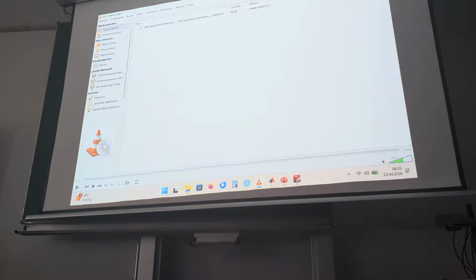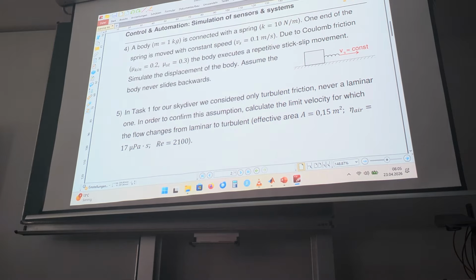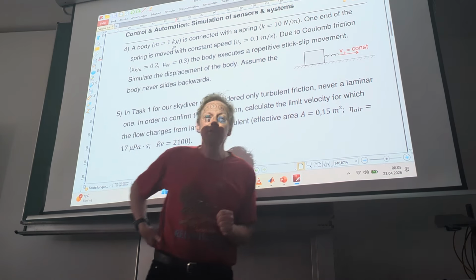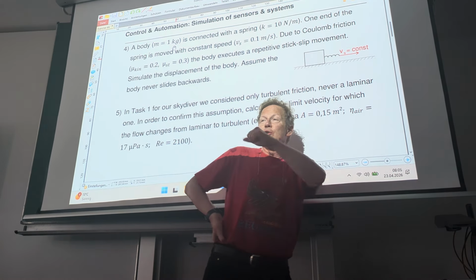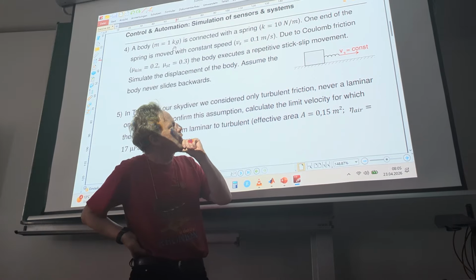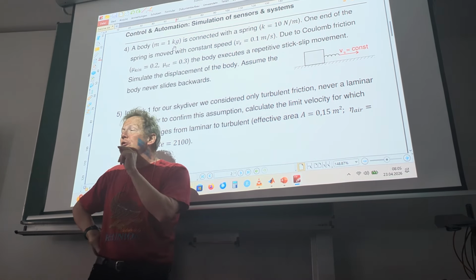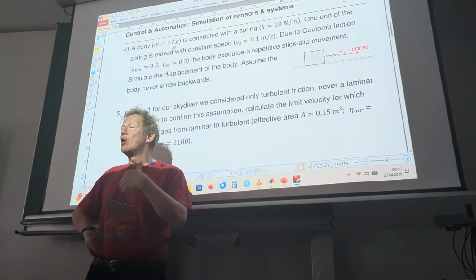There is a task in our exercise sheet, which is called the stick-slip movement, and which has to do with that. Here we see a body and a spring attached to it, and then we move the spring, and of course then we have a force on the body. At first, the body will not move because we have Coulomb friction.